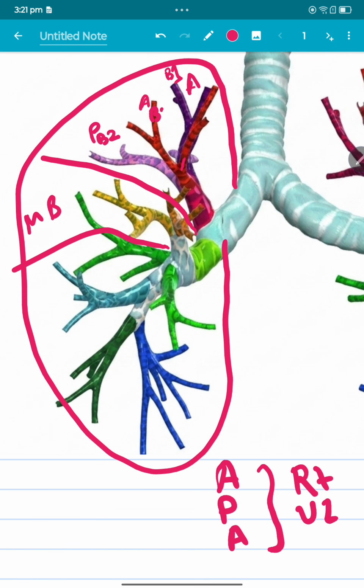We have these segments B1, B2, and B3 in the right upper lobe.